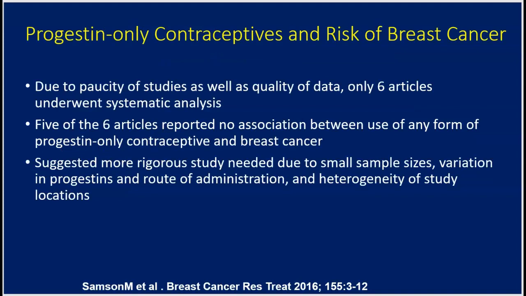What about progestin-only contraceptives, looking only at the progestin that's in birth control pills or in progestin-only contraceptive methods? Here also there are a paucity of studies, with only 6 articles that have undergone a real systematic analysis, and this was conducted by Sampson and co-workers in 2016. 5 of the 6 articles reported no association between the use of any form of progestin-only contraceptive and breast cancer.